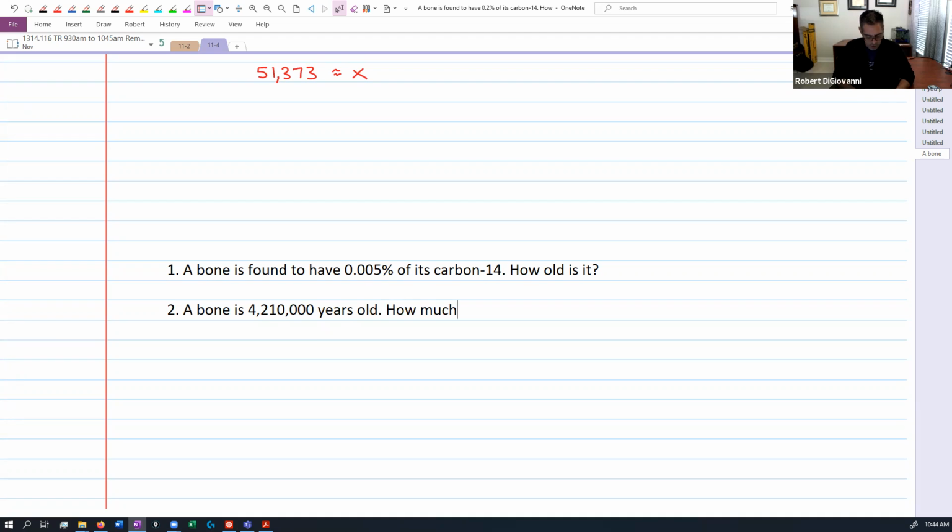How much carbon-14 does it have? Those are two different questions. The first question is asking how old a bone is if you were able to measure the carbon-14. The other one is, I'm telling you how old it is, and I want to know how much carbon-14 it would have.